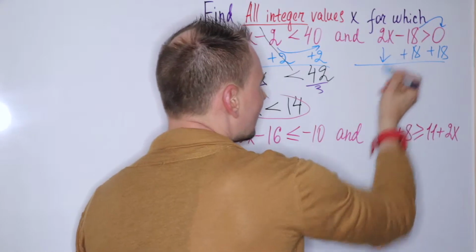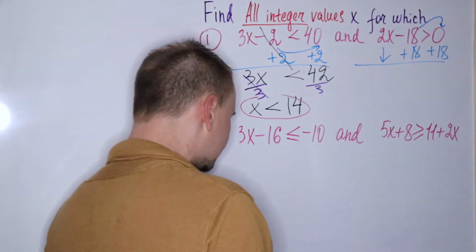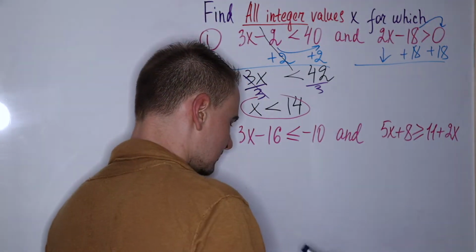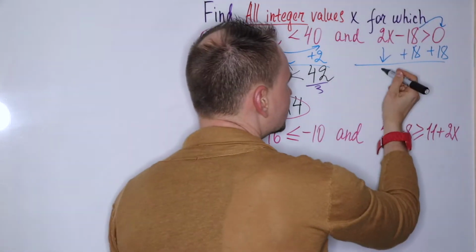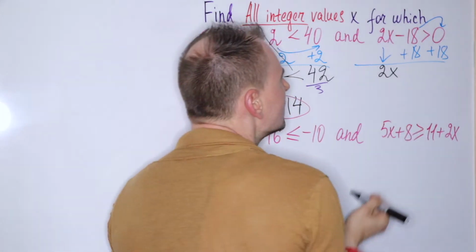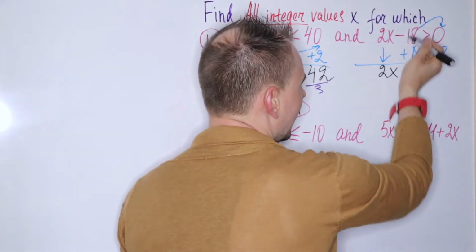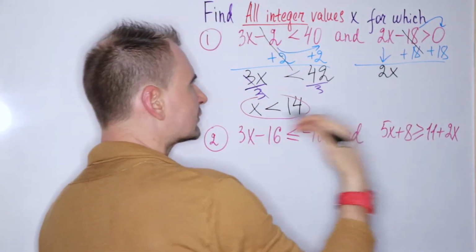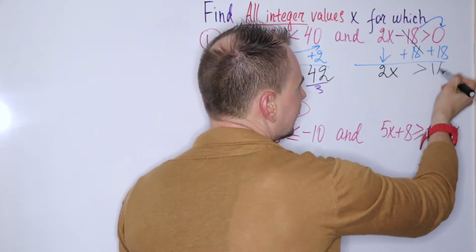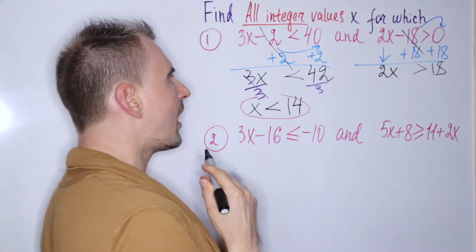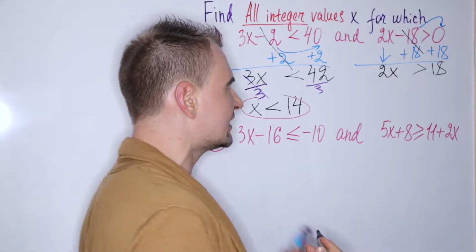So bring down this 2x, so you are left with 2x, the 18 drops out, bring down the greater than sign, and you are left with 18 on the right side.